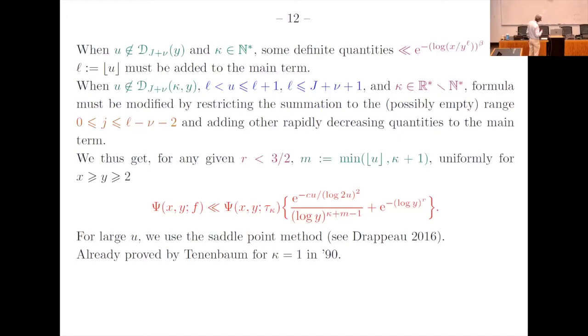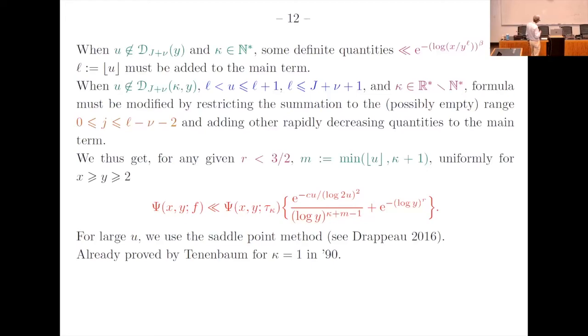we have this factor which tends to 0 when y tends to infinity, and you see the index of log y here is kappa plus m minus 1, and m is the minimum of the integral part of u and kappa plus 1.